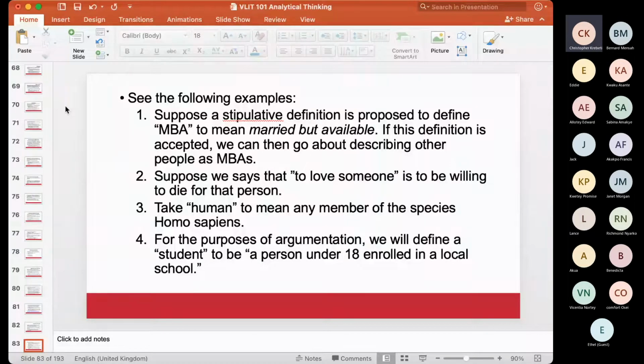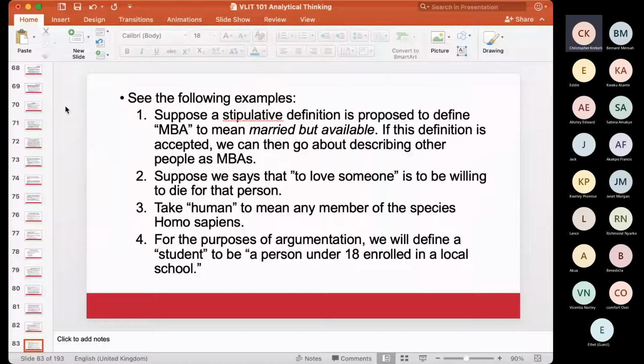So the stage can be set for all of you to say, okay, when we are talking about student, we are talking about somebody under the age of 18 enrolled in a local school. A local school. So it means even somebody enrolled in an exotic school somewhere cannot be referred to in that category. That is what the definition will then be offered for.